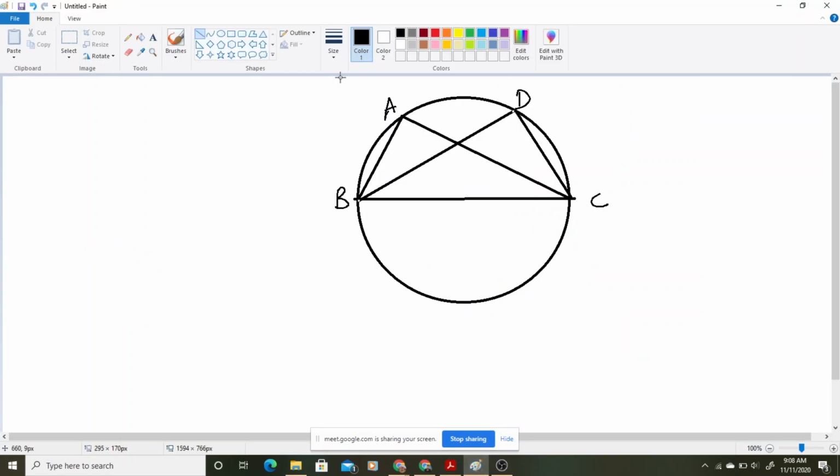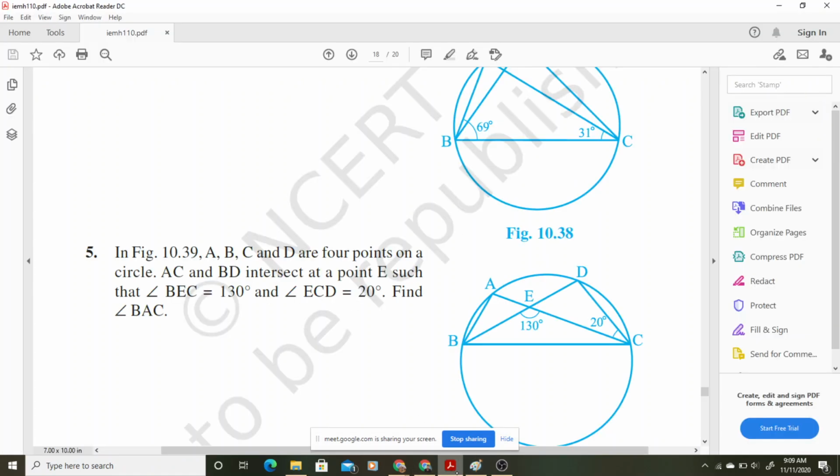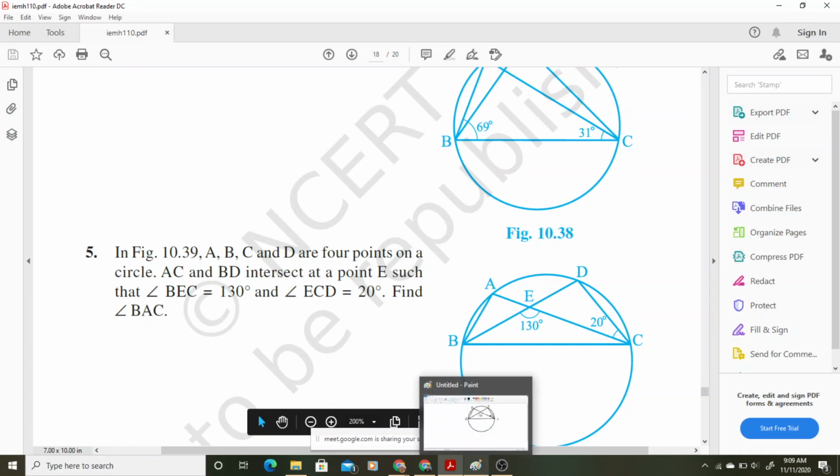So I'll take this angle 130 and this one is given as 20. This is complete. In this case we need to find angle BAC.